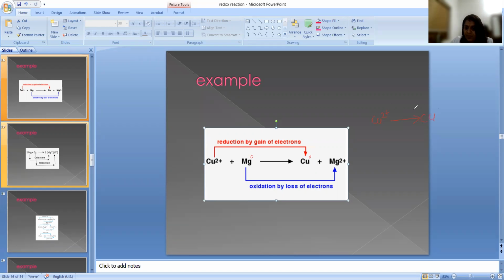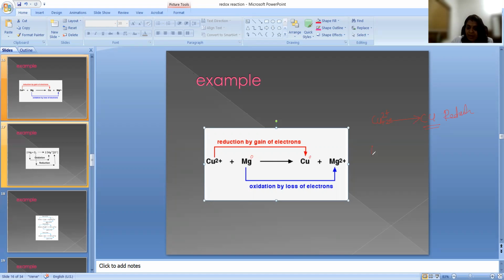How will Cu2+ convert into Cu? By the addition of 2 electrons. 2+ means it lacks 2 electrons, so when you add 2 electrons, it becomes copper. This is called a reduction, because it is adding electrons here.